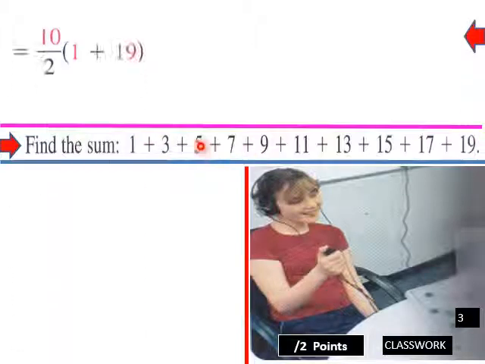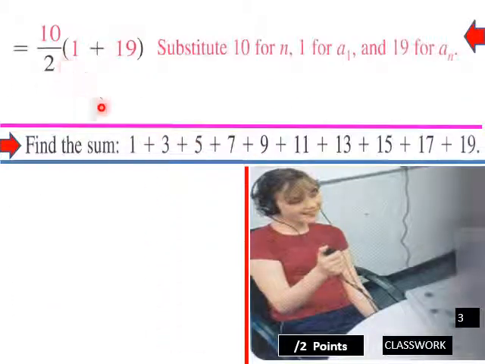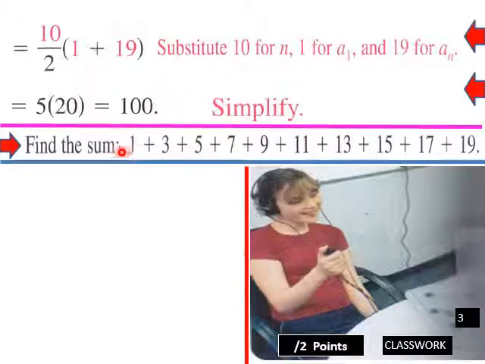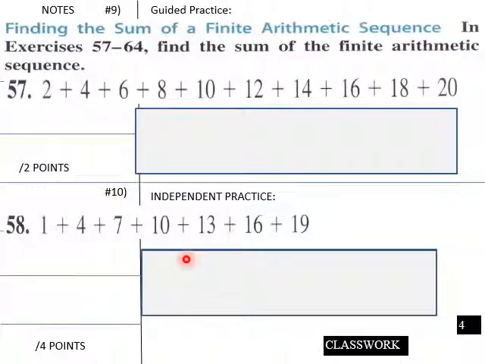Then find this sum. So 10 over 2 times 1 plus 19: substitute 10 for n, 1 for a1, and 19 for an. When you do your arithmetic here, you come out with 100 for the sum.